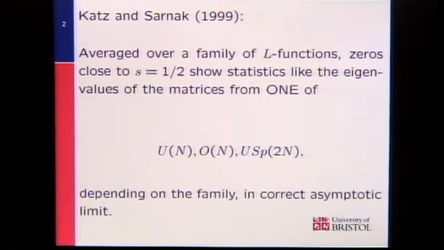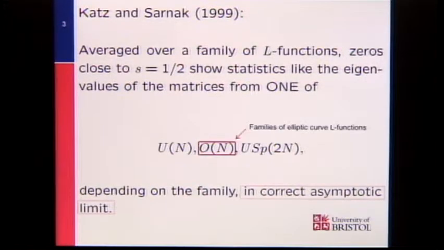We're always going to normalize so that that critical line is at real part a half. And so Katz and Sarnak say that if you look at the statistics of the zeros low down near the point a half, then you can model them using the statistics of eigenvalues from one of these classical compact groups. It depends on which family of L functions you've chosen which one of these groups you end up looking at.